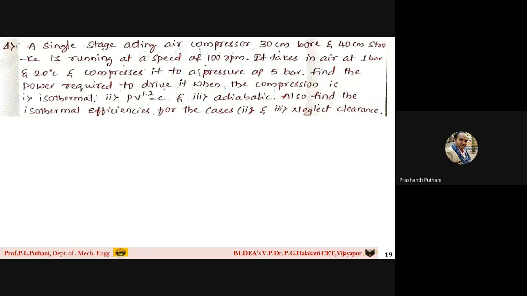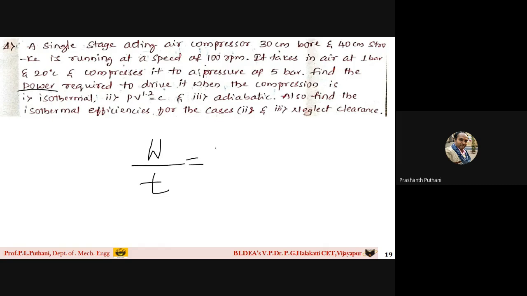Then what you should find out? Power required. See students, work done with respect to time is what? Can you tell me work with respect to time is what?